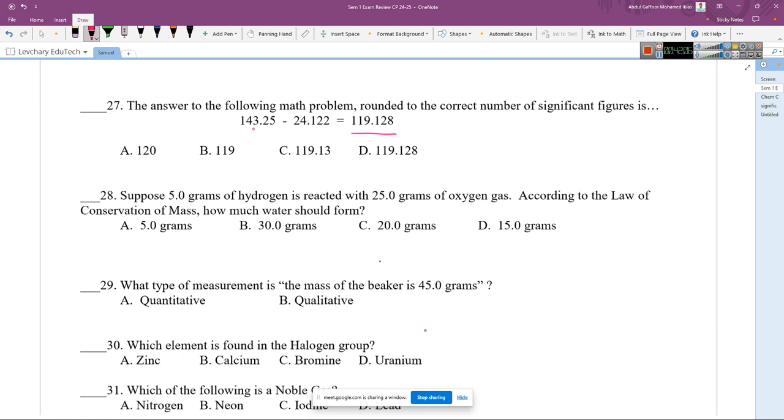So how many significant figures do we have here? 5. Here also 5. So the answer should be 5. So 1, 2, 3, 4, 5.